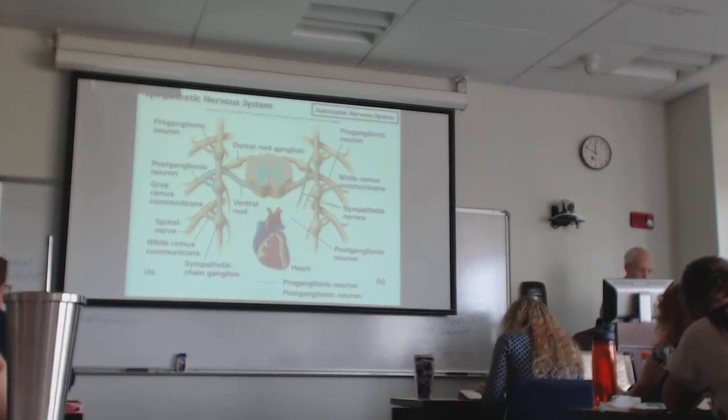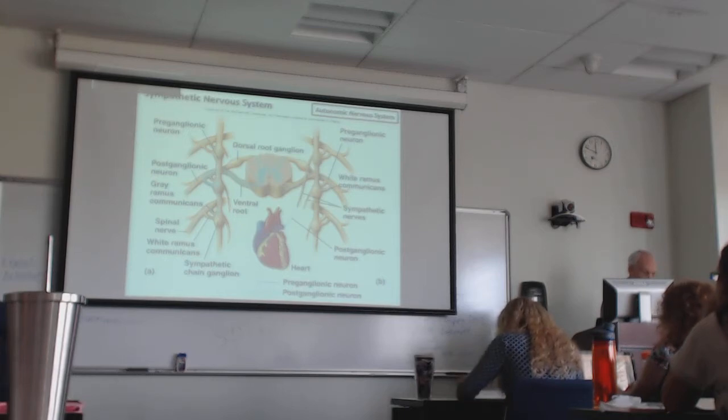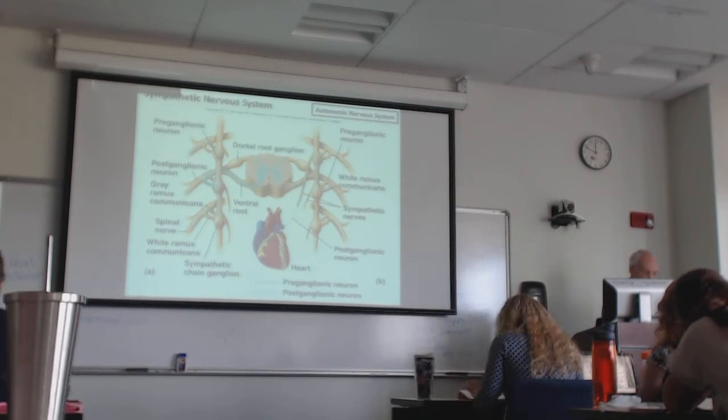So let's look at the one up here on this side. You can see the solid line is the preganglionic, the dashed line is the postganglionic. So once the synapse has occurred in the chain ganglion, what does the postganglionic sympathetic axon do when it goes back to the peripheral nerve?